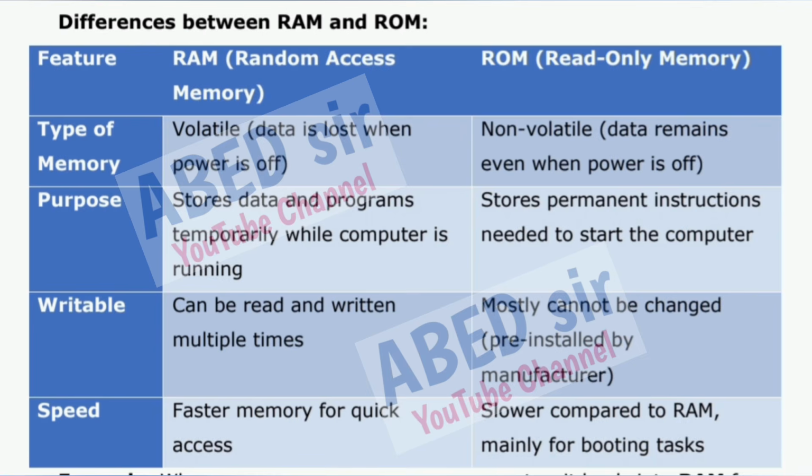Purpose: RAM stores data and programs temporarily while the computer is running, ROM stores permanent instructions needed to start the computer. Writable: RAM can be read and written multiple times, ROM mostly cannot be changed, it is pre-installed by the manufacturer. Speed: RAM is faster memory for quick access, ROM is slower compared to RAM, mainly for booting tasks.